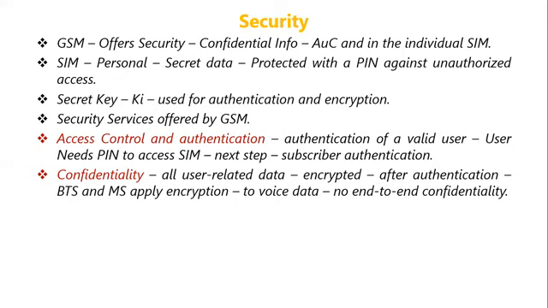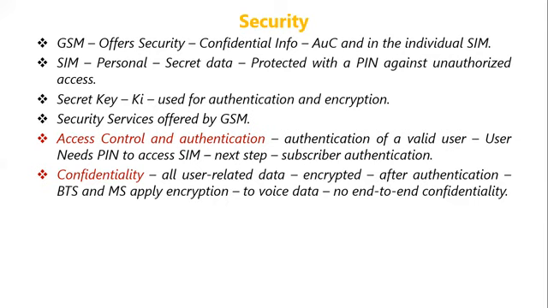The next service offered is confidentiality. Confidentiality ensures that all data that is transmitted over the air interface is encrypted. This encryption is applied between the BTS and the mobile station.